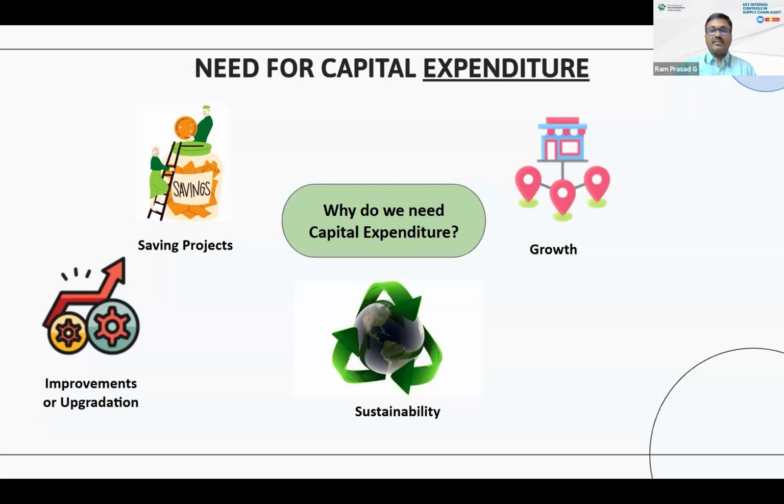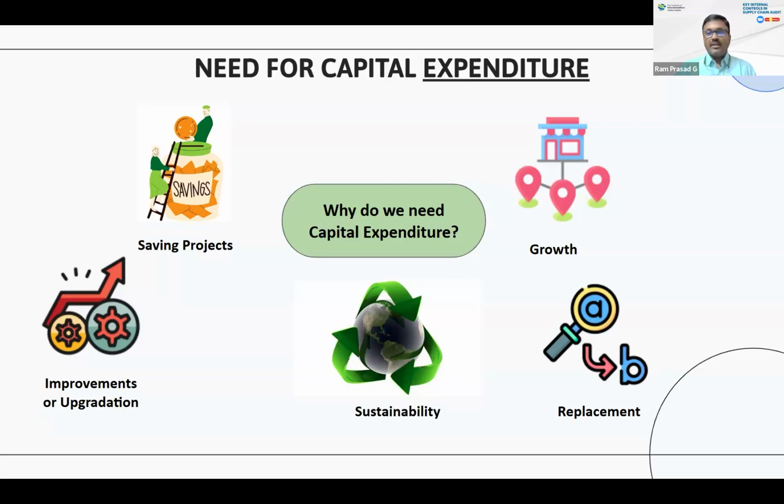Next is the wear and tear of an asset. Imagine an asset with a 15-year lifetime: when it is close to 15 years and it's time for replacement, we do purchase assets. So these are, in my opinion, five broad classifications under which a CapEx and asset requirement can come for a particular organization.